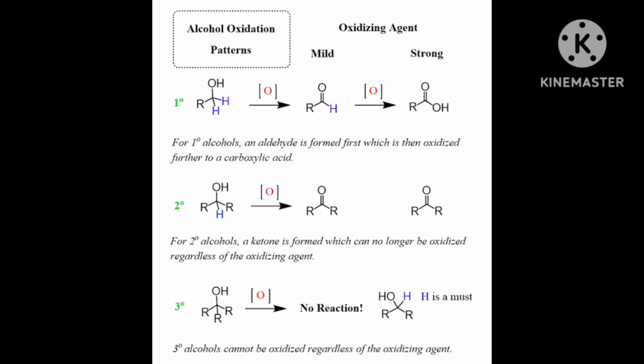Then on oxidation, the H2 of the CH2OH will go, because an oxidizing agent will be there, and that will supply oxygen. Then this H2 and O will form water, H2O.